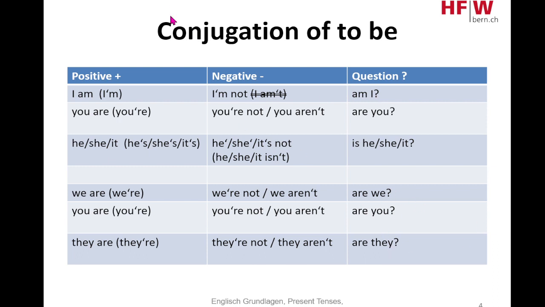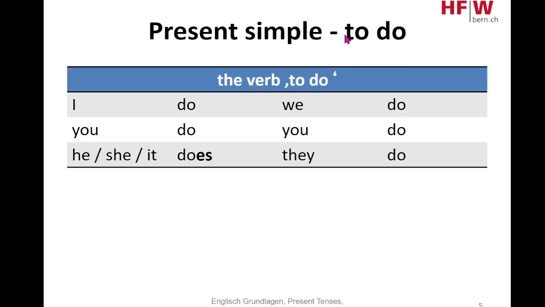Okay, so this is what we call the conjugation of to be. One more. So present simple to be. So this is with to do. How do we structure it? The verb to do: I, we, you, they use do. He, she, it use does.